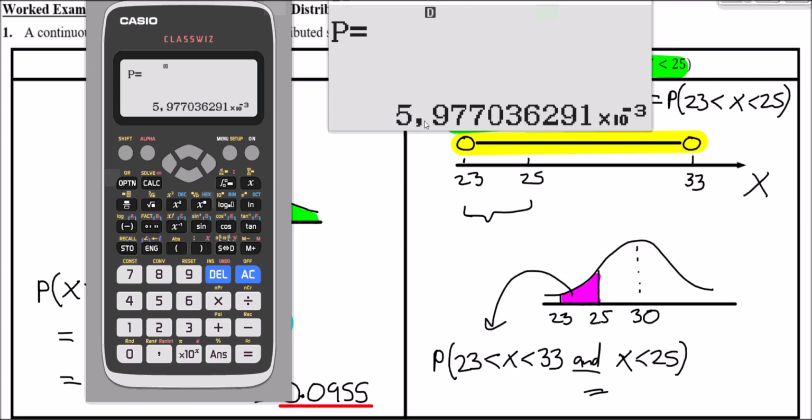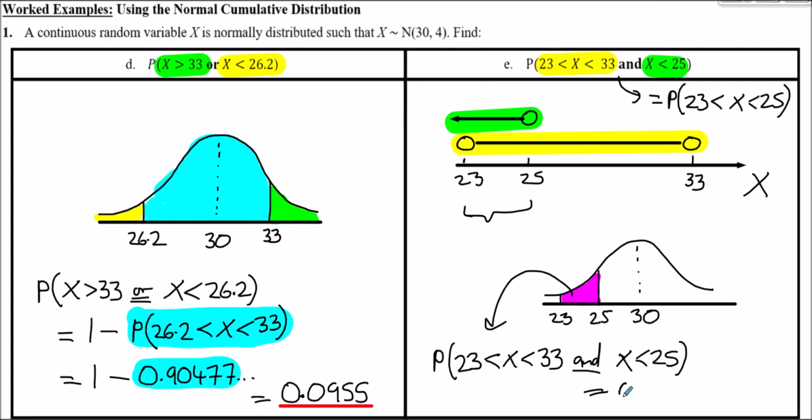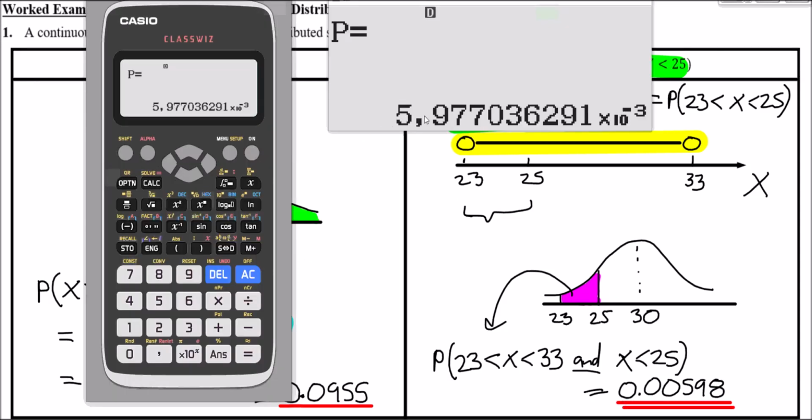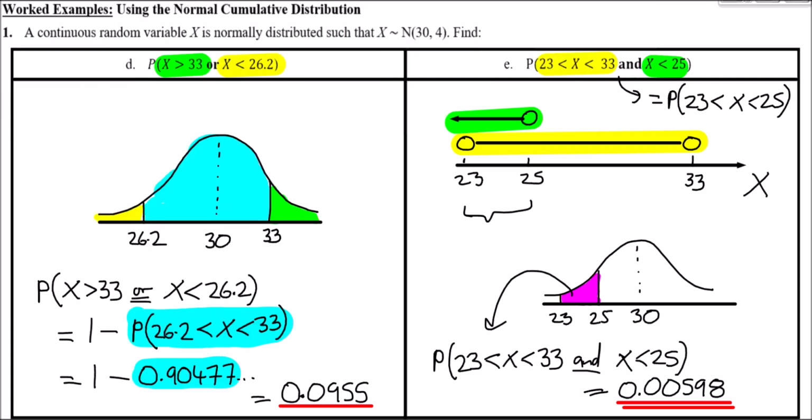So this one's going to be 0.00598 to 3 significant figures. Let's now have a look at worked example 2.